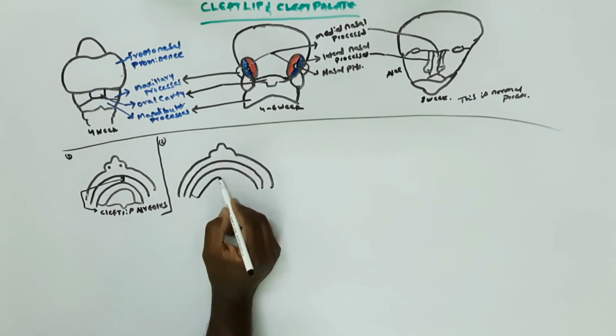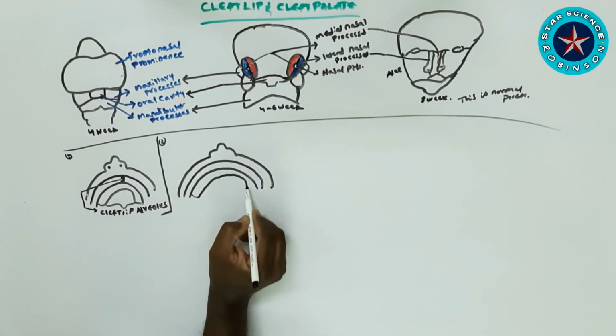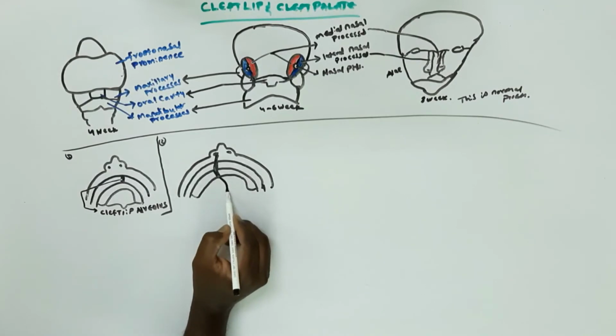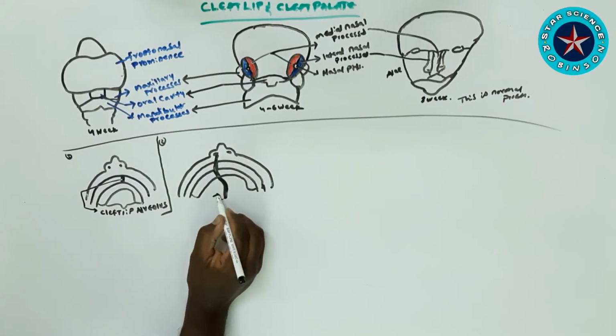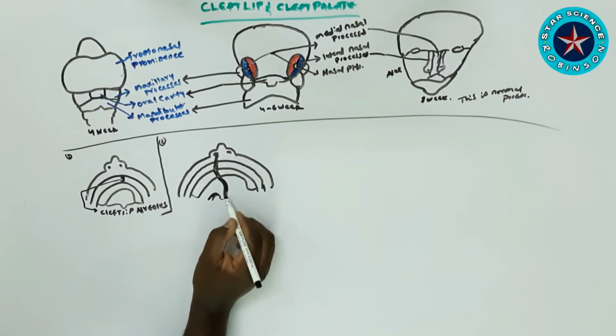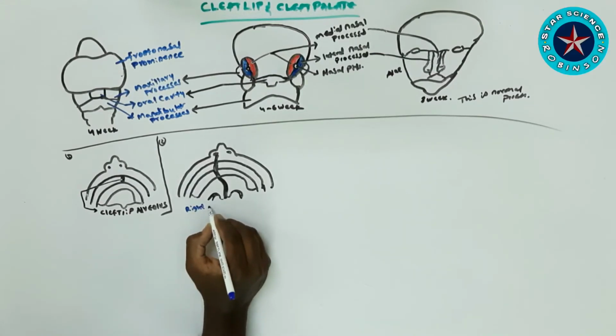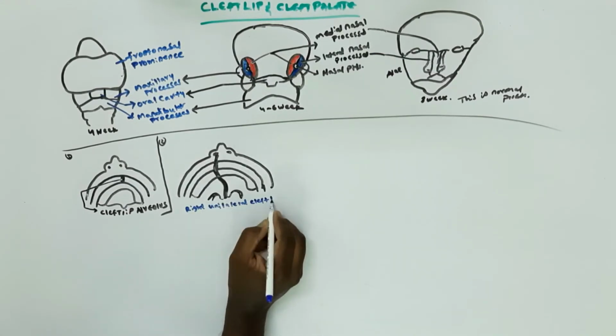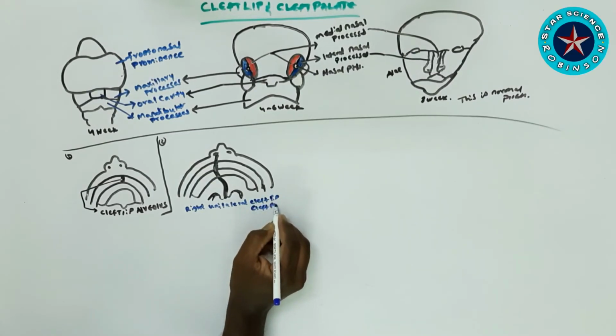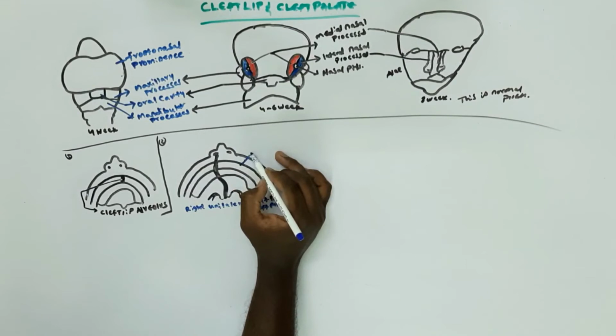First we'll draw this right unilateral cleft lip and cleft palate. Here we can see the cleft lip and, at the same time, cleft palate. The main point is the gap between the lips and, at the same time, the palate. Since it is unilateral, there is a gap of the cleft lip and cleft palate on only one side.